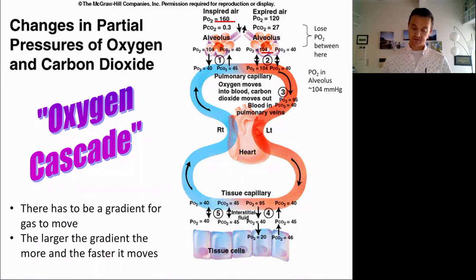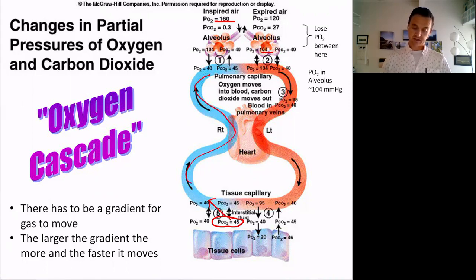The only thing this shows differently is we need a cascade for CO2 as well, but it's got to be the opposite. The highest point of CO2 concentration needs to be out here in the tissues, right? So we can push CO2 onto the blood, right? And so we go from 45 to 40 here, okay? And then that 40 is going to travel back, right?